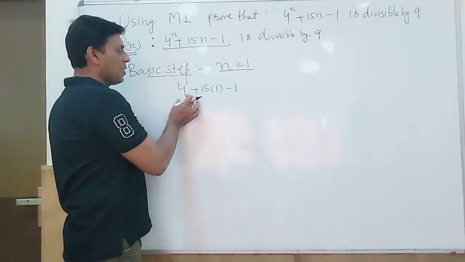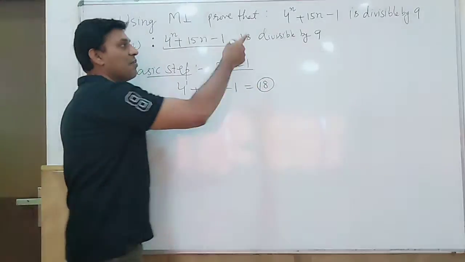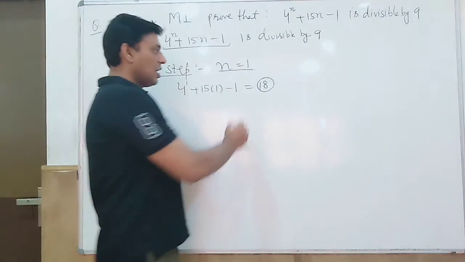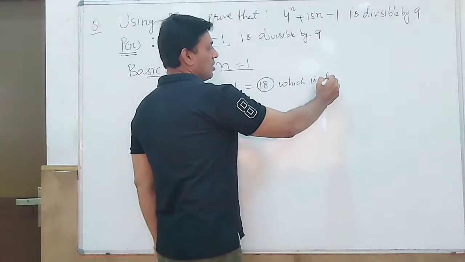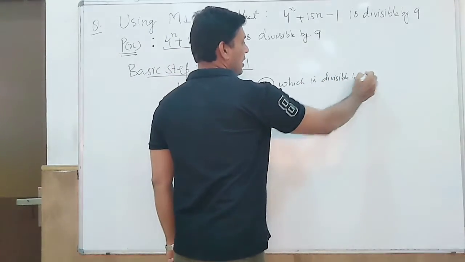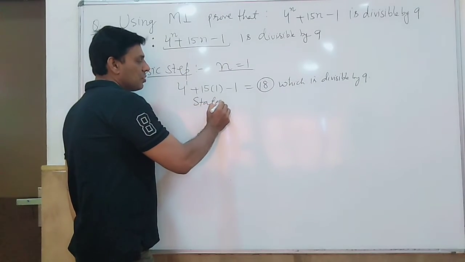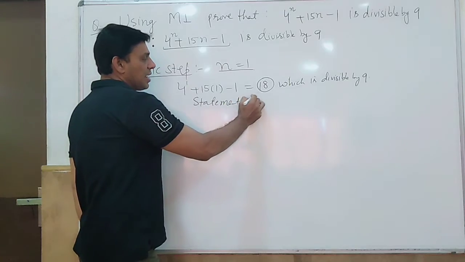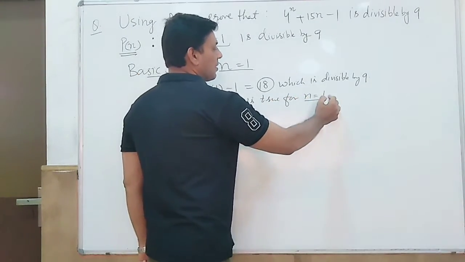Now 15 plus 4 is 19, minus 1 is 18. And obviously this number is divisible by 9. So the statement is true for n equal to 1.